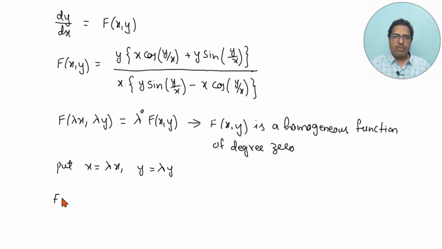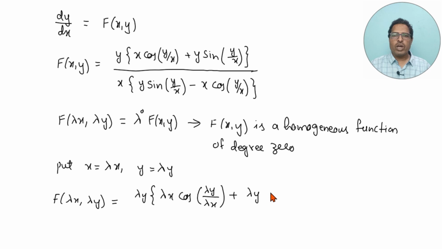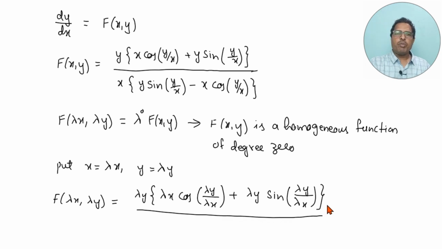We get f(lambda x, lambda y) equals, y will be lambda y, x will be lambda x times cos of lambda y divided by lambda x, plus lambda y times sine of lambda y divided by lambda x, it is whole divided by the denominator value.